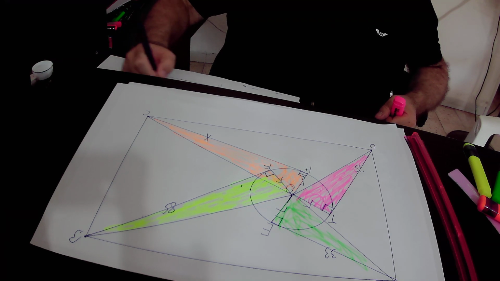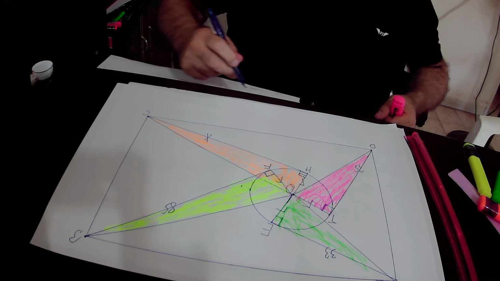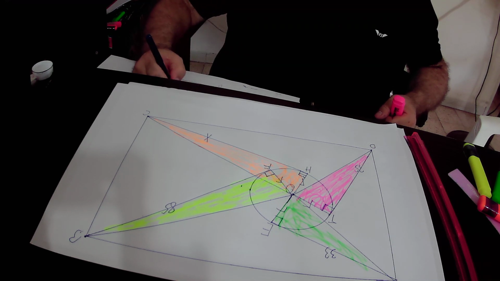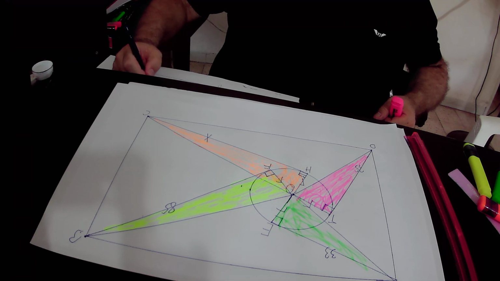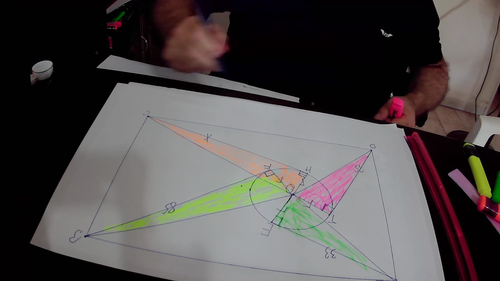According to the Pythagoras theorem, in the right pink triangle, DO square equals TO square plus TD square.